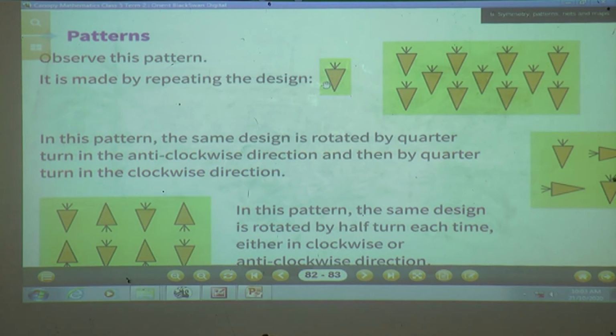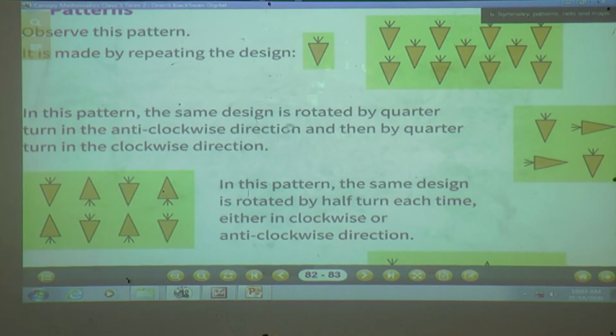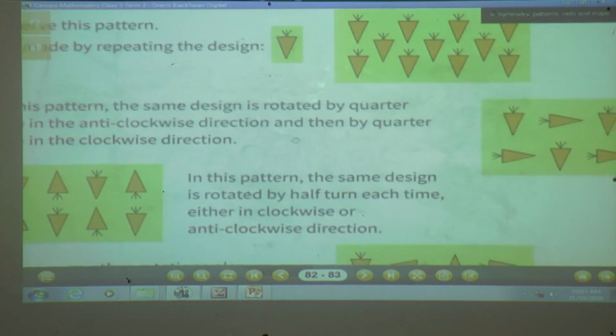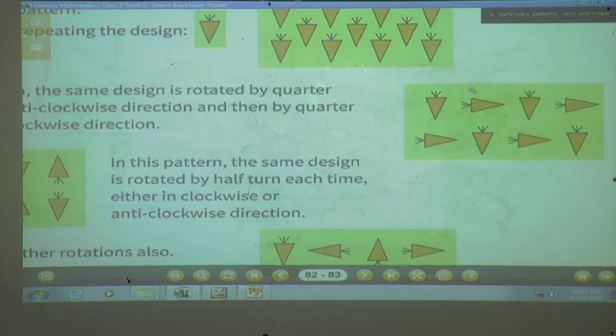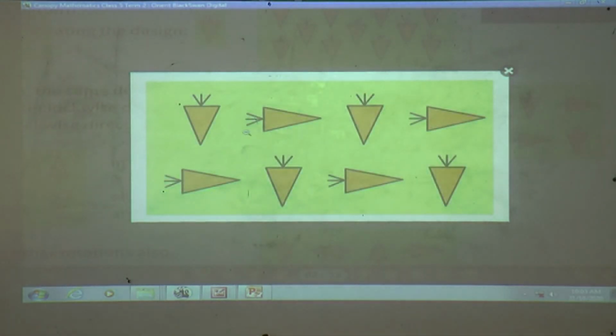See, same design but in a different pattern. In this pattern, the same design is rotated by quarter turn in the anti-clockwise direction, and then by quarter turn in the clockwise direction. You can see clockwise direction and anti-clockwise direction.